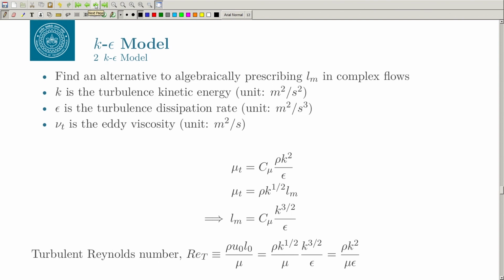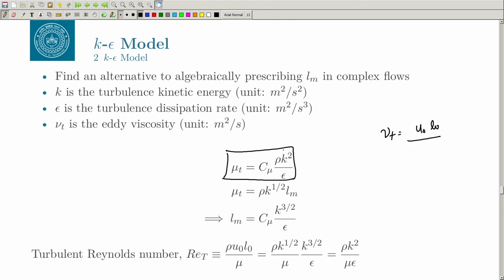So, we saw that our mu t is given by C mu rho k square by epsilon, but how does it fit to our definition that my viscosity should involve a length scale and a velocity scale, right.